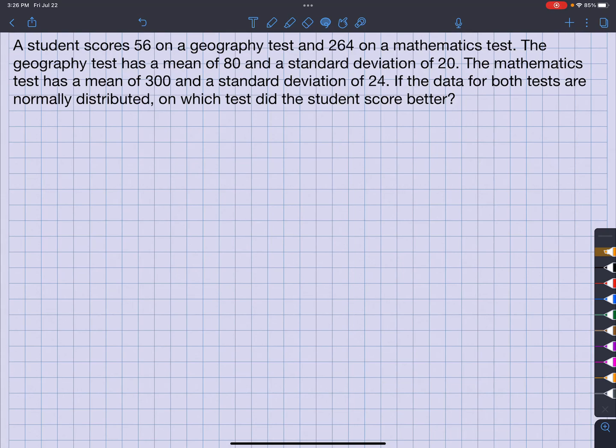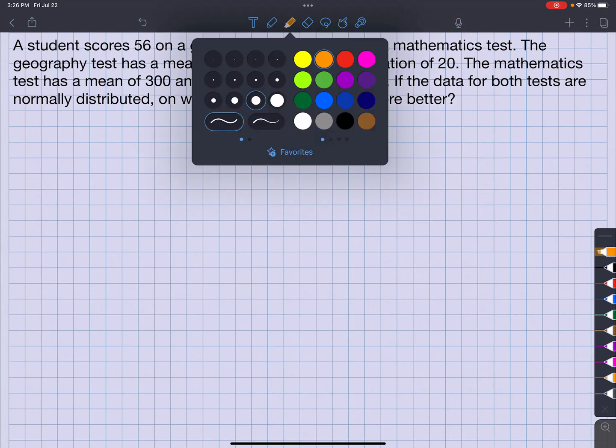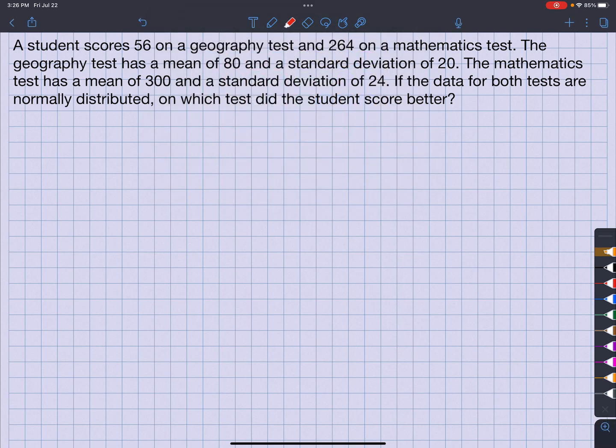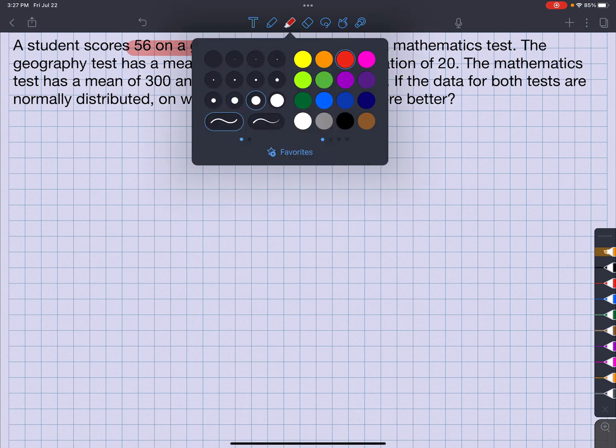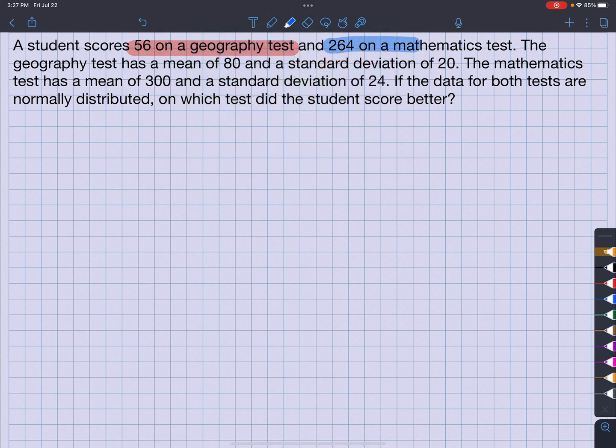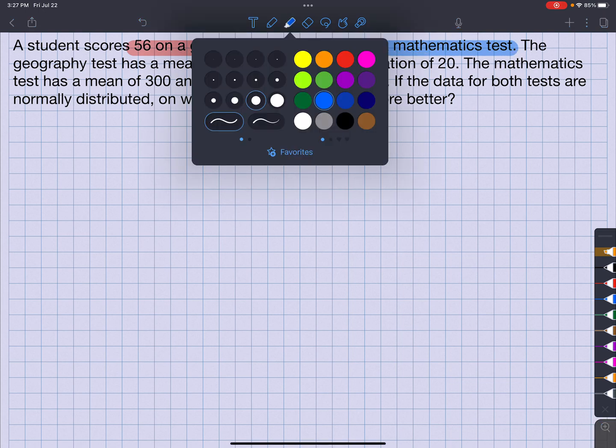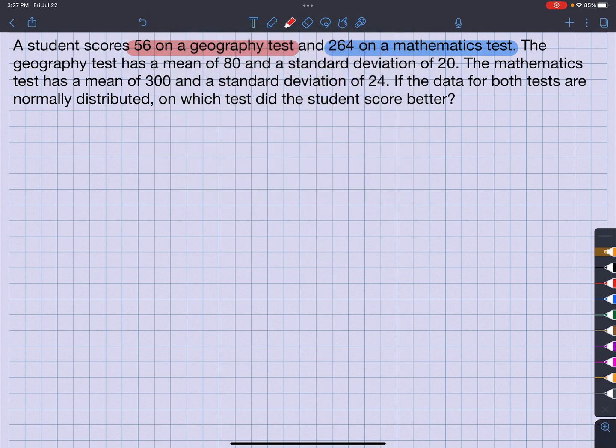All right, so what we have here is a student is studying. A student scores a 56 on a geography test and 264 on the math test. The geography test has a mean of 80 and a standard deviation of 20.